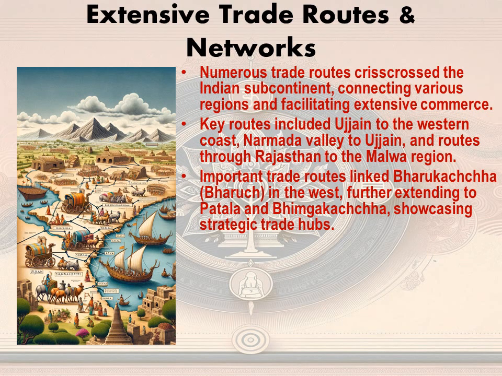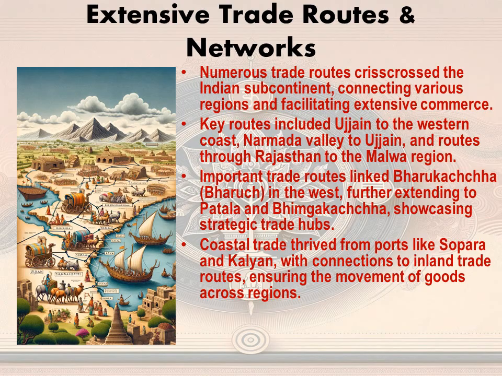Important trade routes linked Bharukachchha, which is Bharuch, in the west, further extending to Patala and Vimgakacha, showcasing strategic trade hubs. So there were important trade routes which linked Bharuch to the west and also Patala and Vimgakacha, showcasing the strategic unity of the trading hubs.